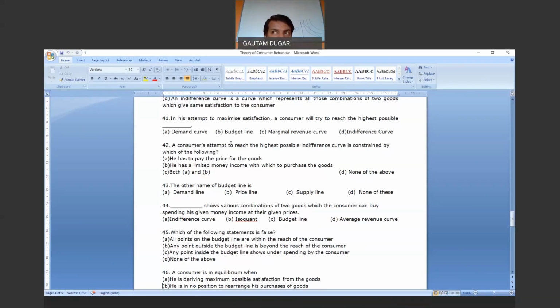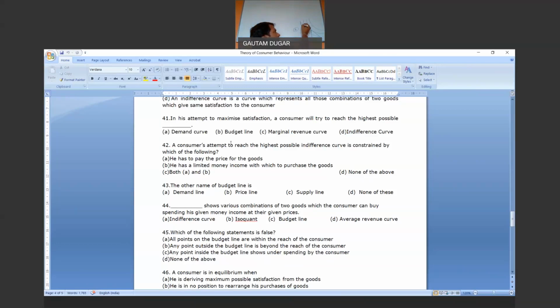However, IC1 and IC2 are possible. The equilibrium will be at this point, where the budget line is tangent to any of the indifference curves. So the equilibrium point will be the tangency point of the indifference curve and the budget line.